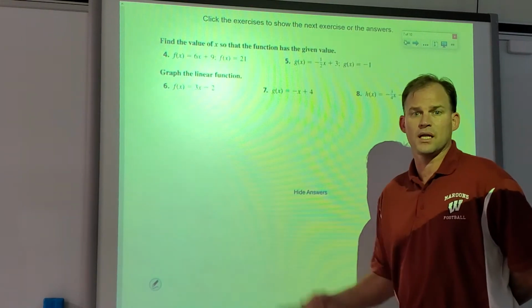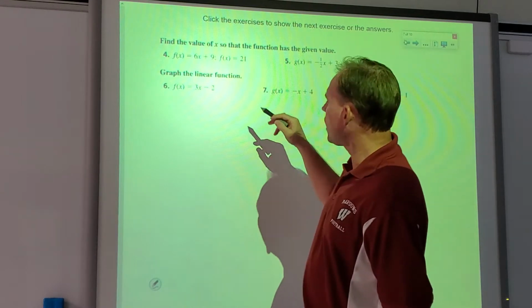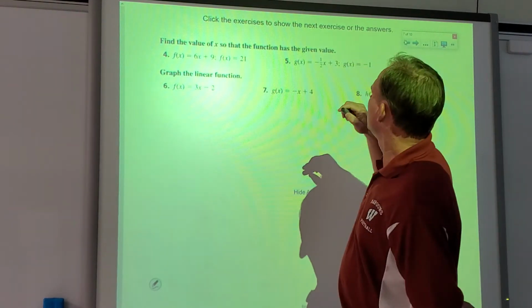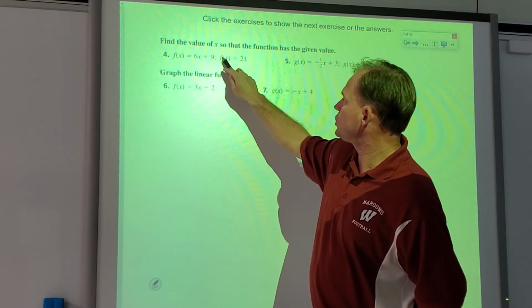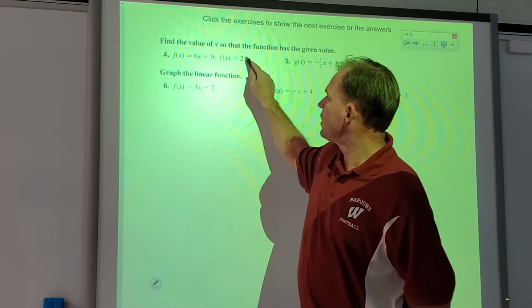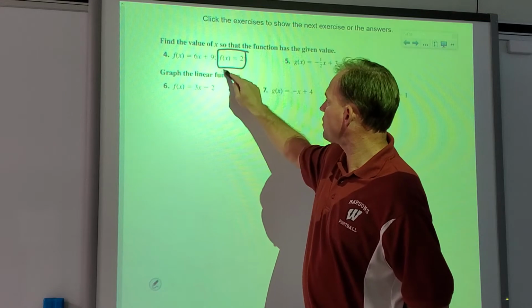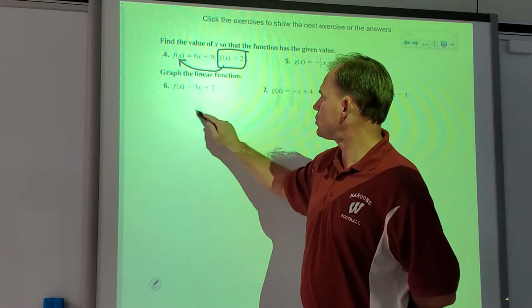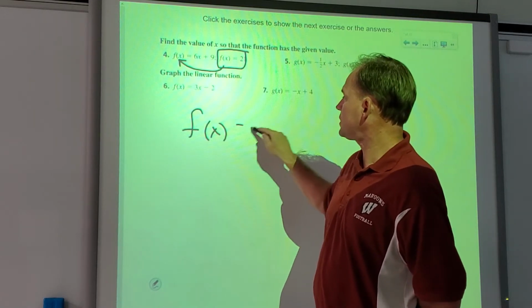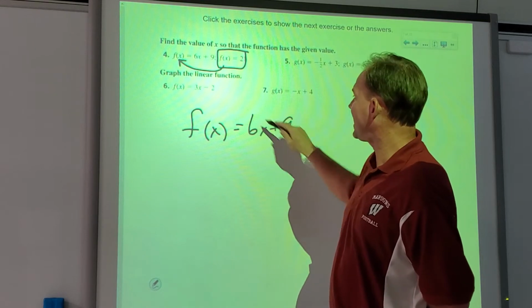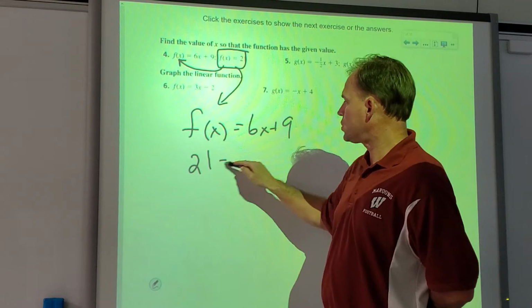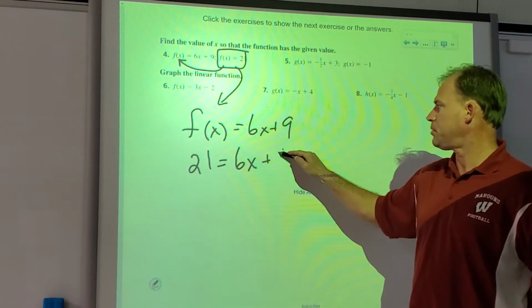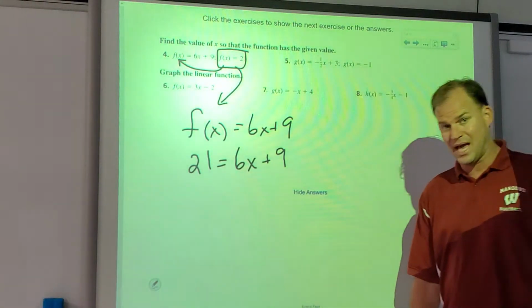So find the value of x so the function has the given value. So if you remember at the end of the lesson yesterday, if it tells you the value of the function, it tells you f of x is 21, then I make sure I plug that in here. So here's the problem. F of x equals 6x plus 9. It tells me the value of the function is 21, so I put 21 in place of f of x.